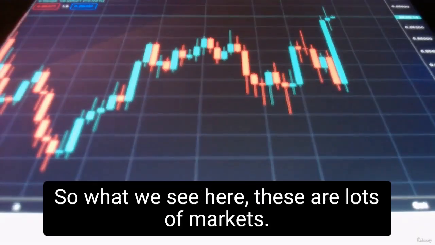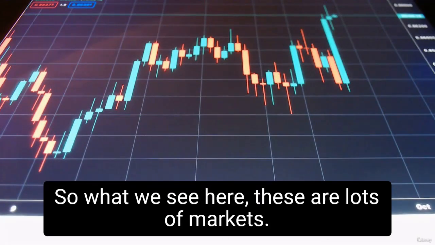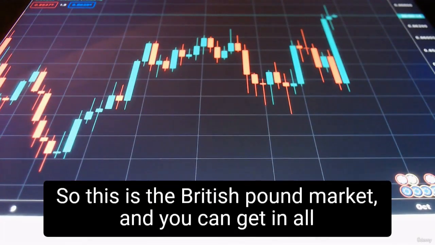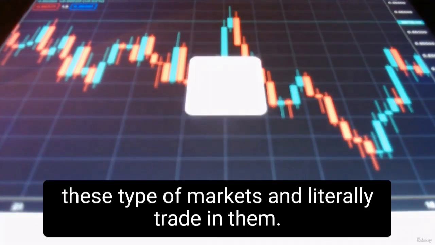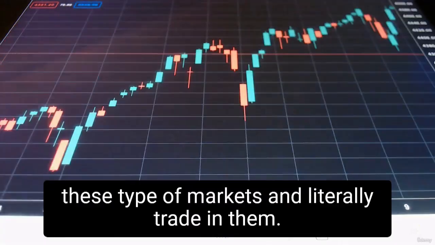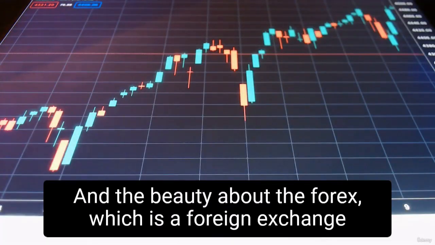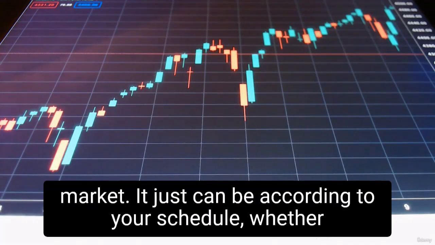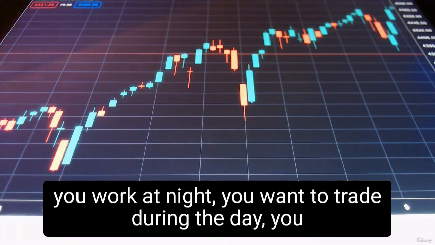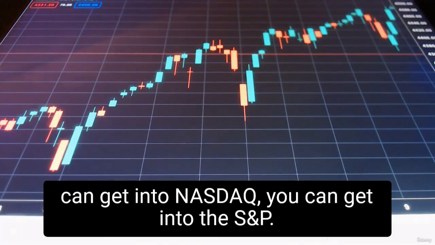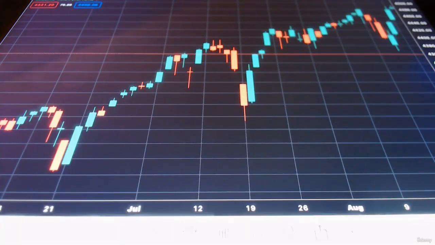What we see here are lots of markets we can get in. This is the British pound market, and you can trade all these types of markets. The beauty of forex, which is the foreign exchange market, is that it can be according to your schedule. Whether you work during the day and want to trade at night, or work at night and want to trade during the day, you can get into the Nasdaq, the S&P.